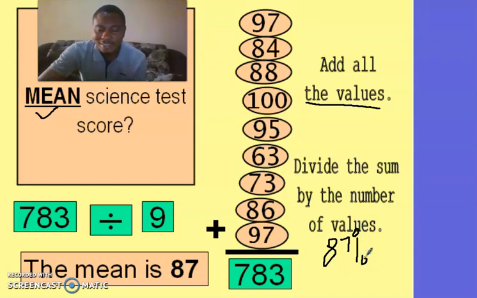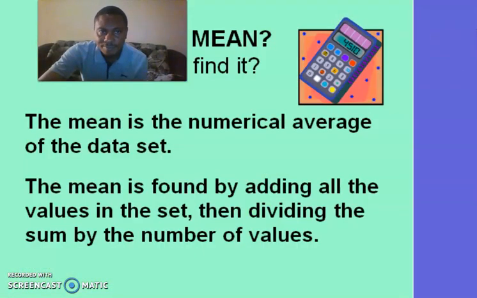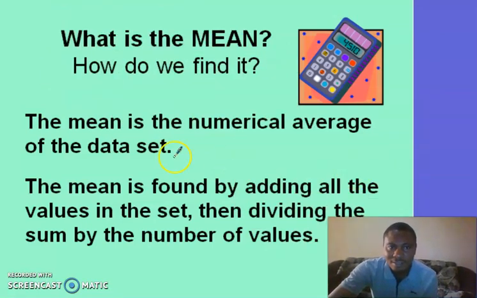And the dad breathed a sigh of relief that yes, Abby actually did well. And what did the teacher use to find the score? He used what we call the mean or the average. So what is the mean? The mean is the numerical average of the data set.